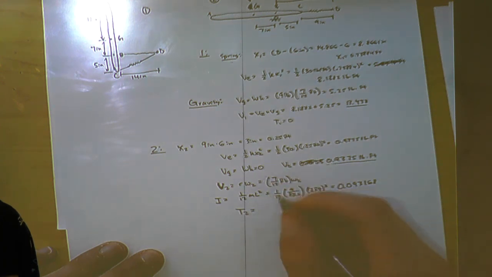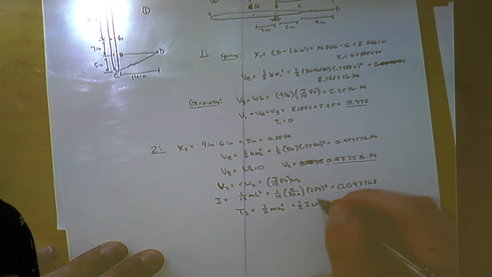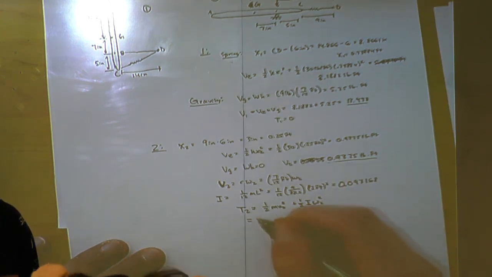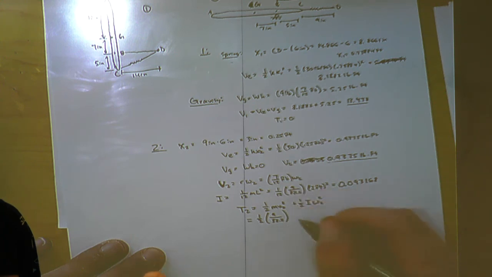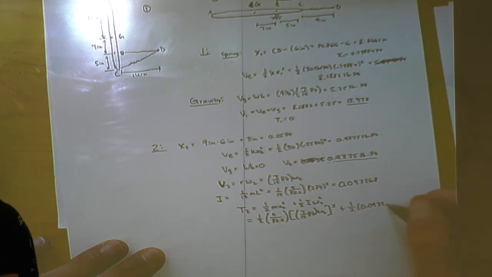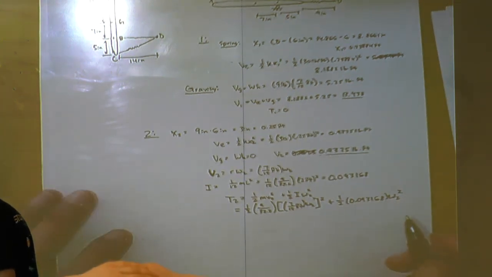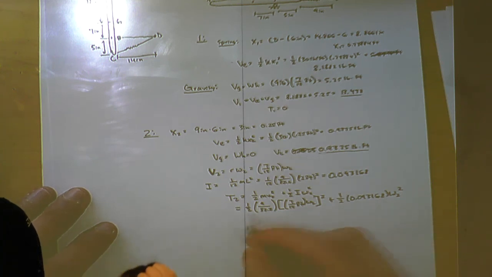So T2 is 1/2 m v2 squared plus 1/2 I angular velocity squared, equal to 1/2 times 9/32.2 times 7/12 feet squared times angular velocity squared plus 1/2 times 0.093168.